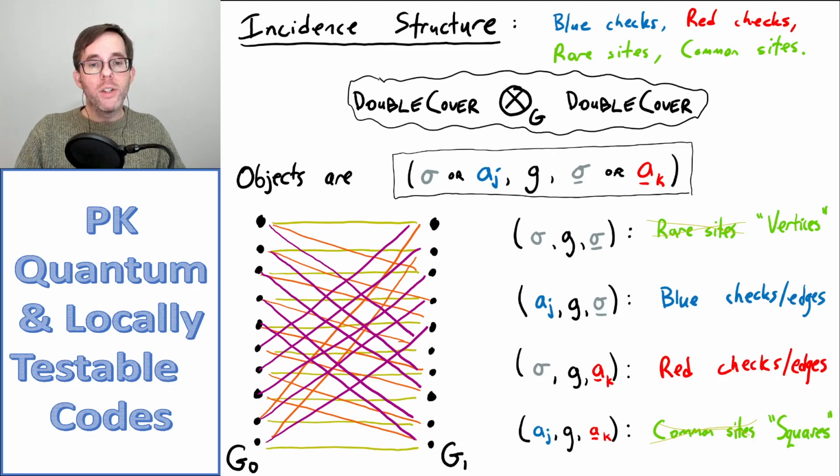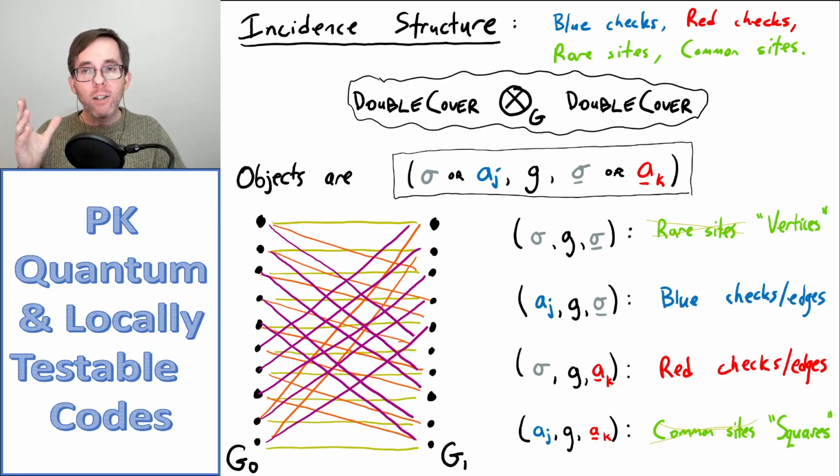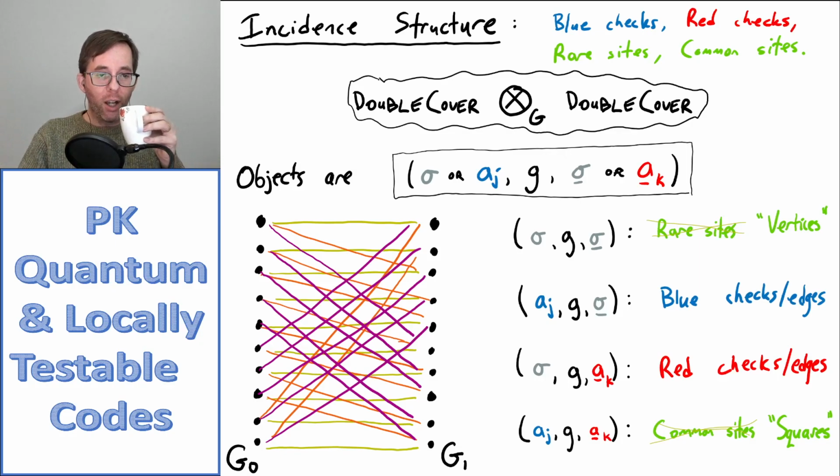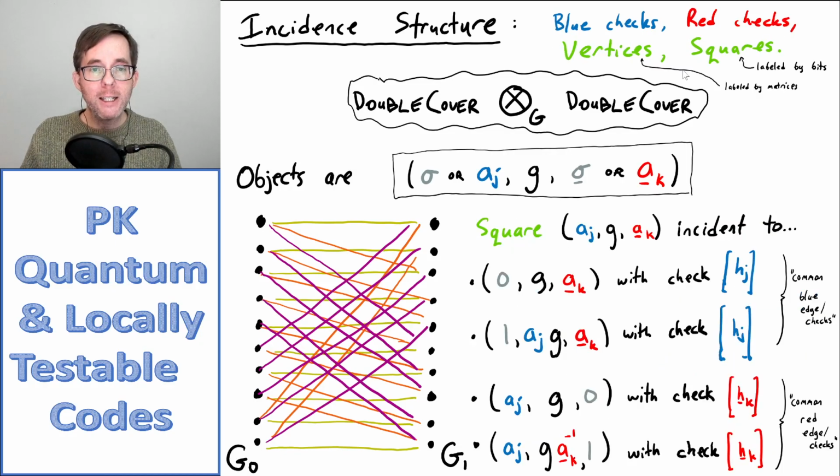So far I've just named the objects: vertices, blue edges, red edges, and squares. I still haven't said how these things are incident to one another, but it's the thing you would imagine if you had to guess. So let me try to explain this.